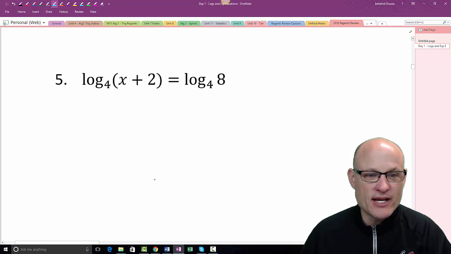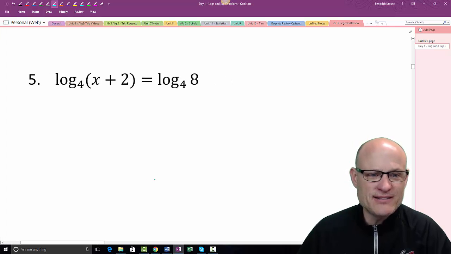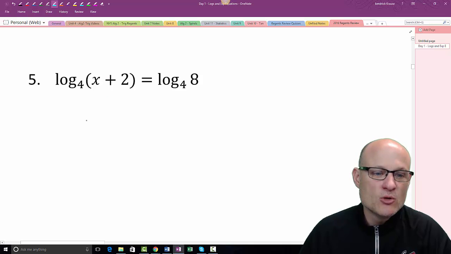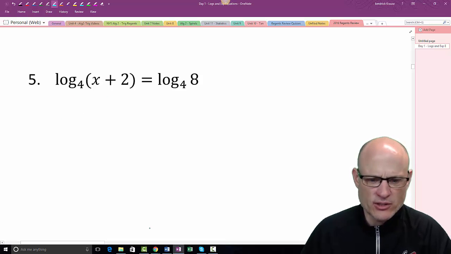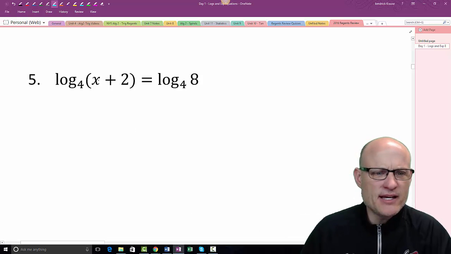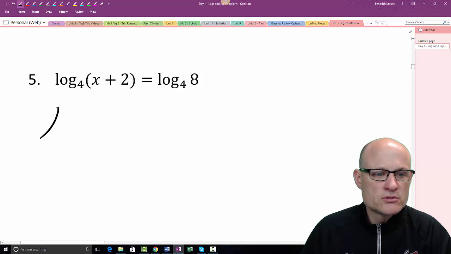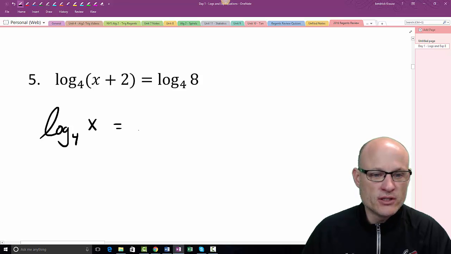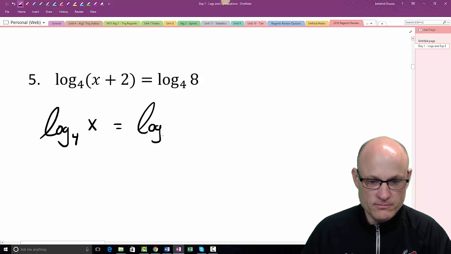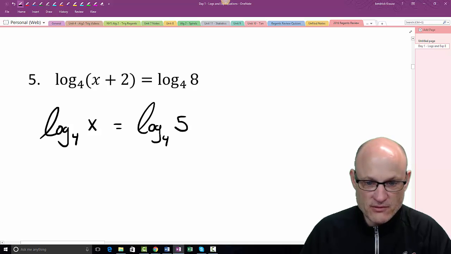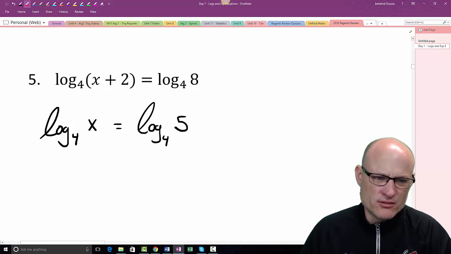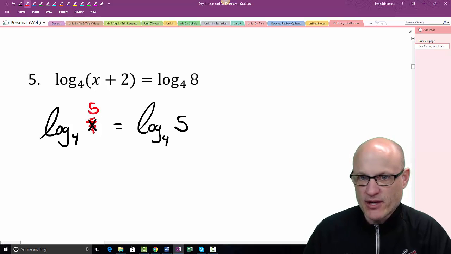All right, so when you have two things that are equal to each other, let's say I had log base 4 of x equals log base 4 of 5. Wouldn't you just say, oh, well, this thing here just has to be a 5? Because then they would be exactly the same on the left and the right.